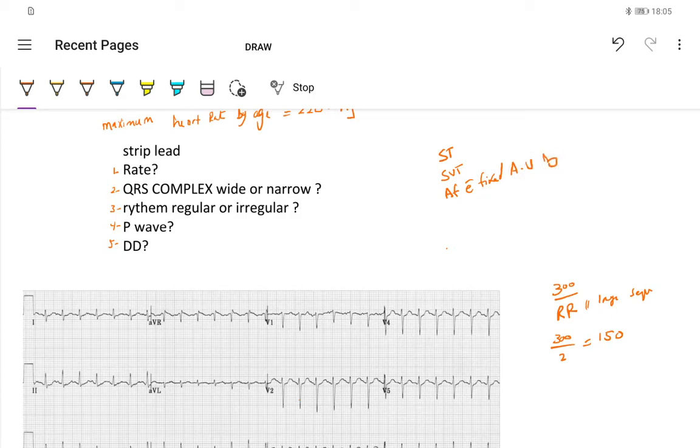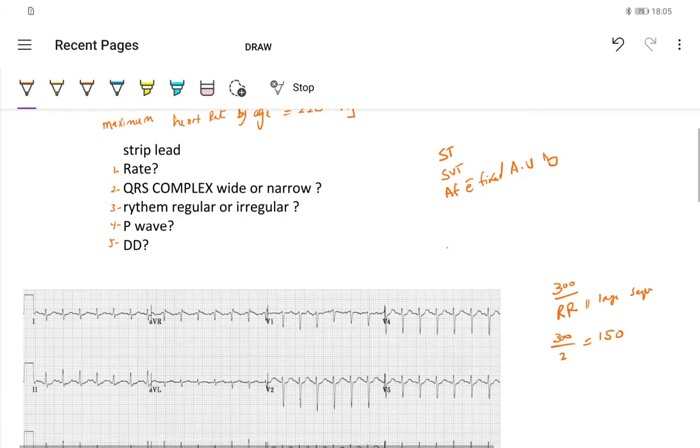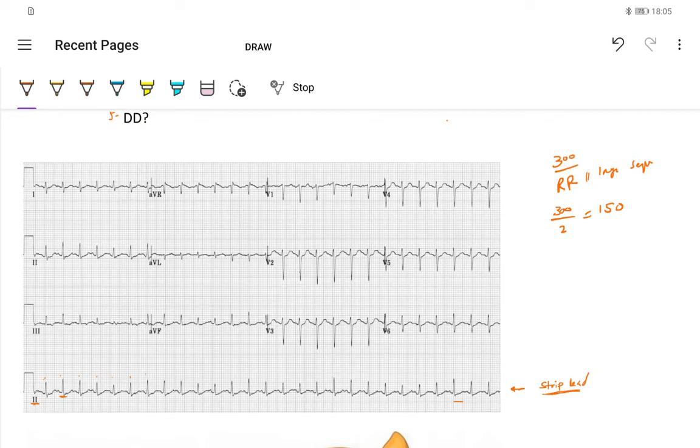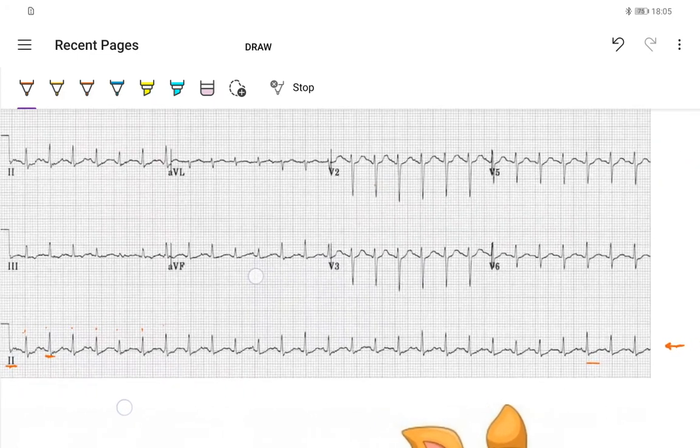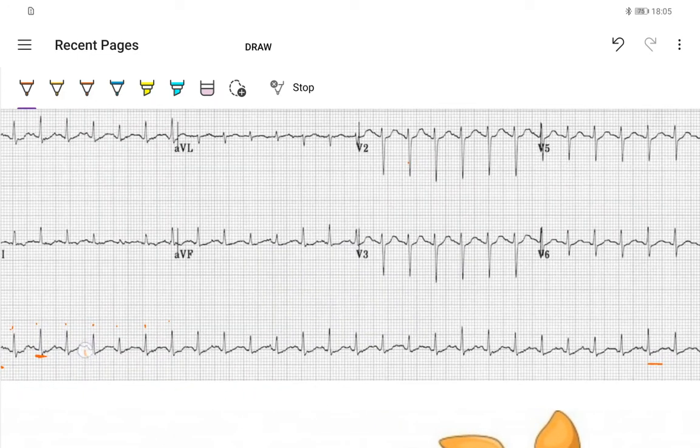The next question we ask ourselves is whether there is a P wave or no P wave. Sometimes if the heart rate is fast, the P wave will be inside the T wave. This is called the camel hump appearance of the P and T. Here this is the P wave, and this is the T wave.